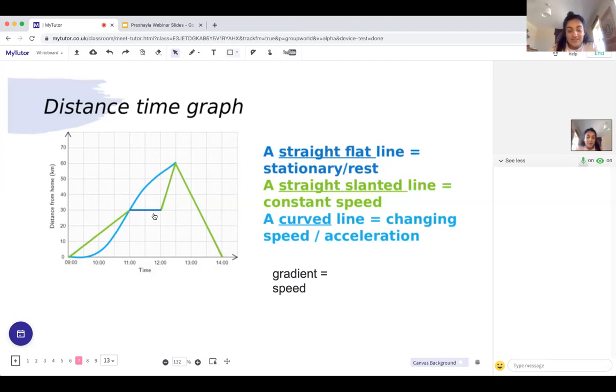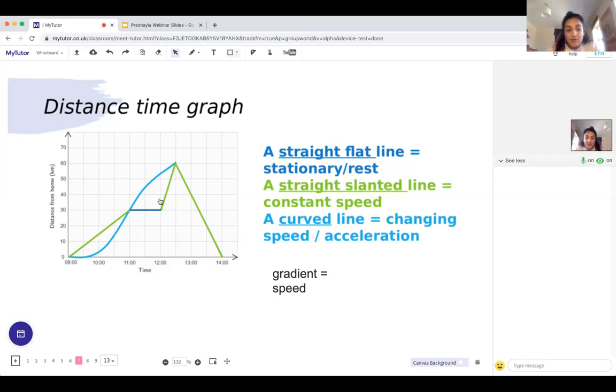It is at rest. If we have a straight slanted line, so for example, the green lines that you see here are all straight slanted lines. That means the car is traveling at a constant speed. The object is traveling at constant speed. So from 9 till 11, it's traveling at a certain speed.